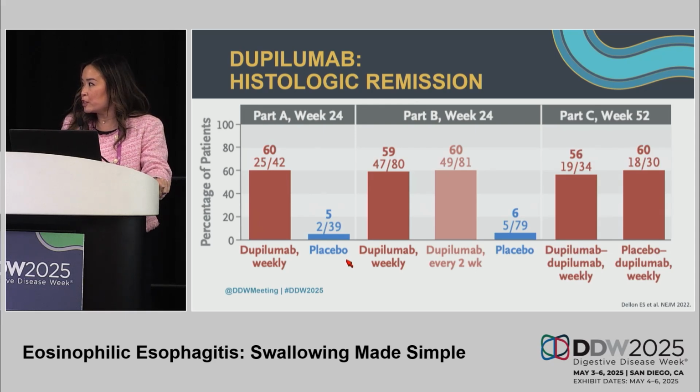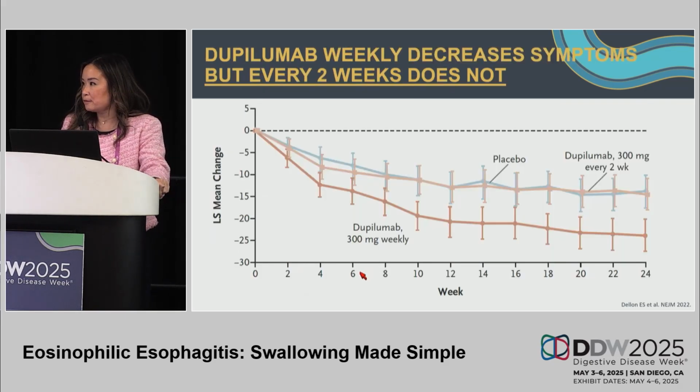And finally, in Part C, similar histologic results. Interestingly, in regards to the dysphagia symptom scores, we saw that every 2-week dosing was not statistically significant from placebo, but every week dosing showed improvement in symptoms.